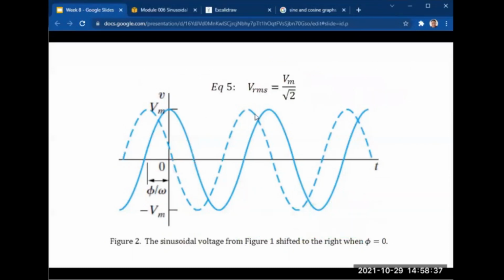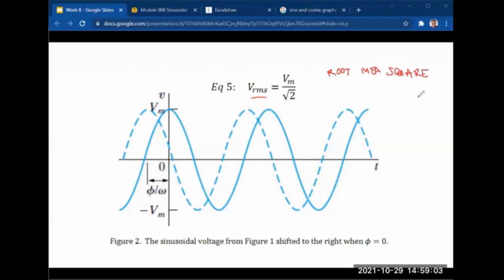We have here another formula. This is what we call Vrms. RMS means root mean square. What does root mean square mean?